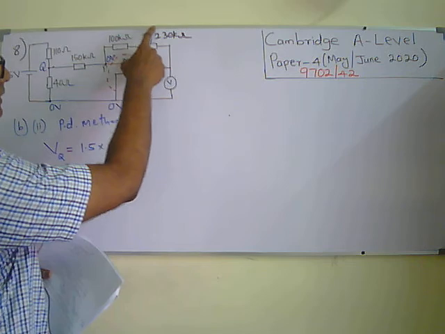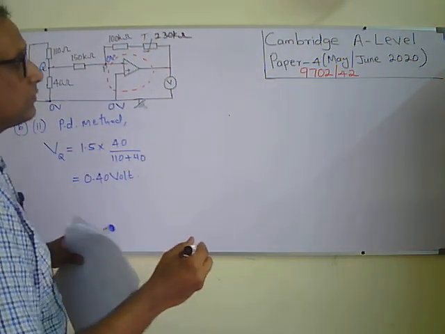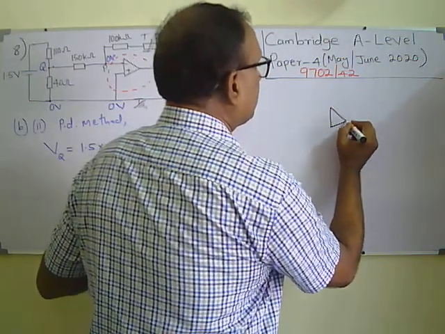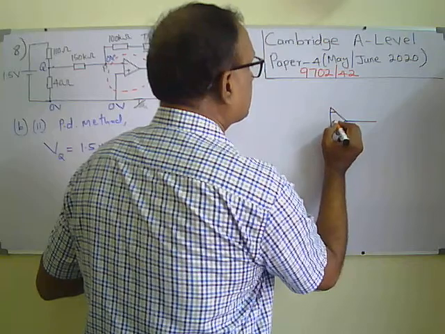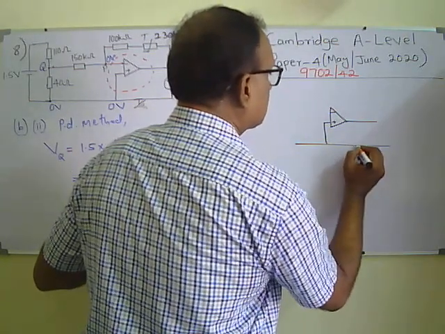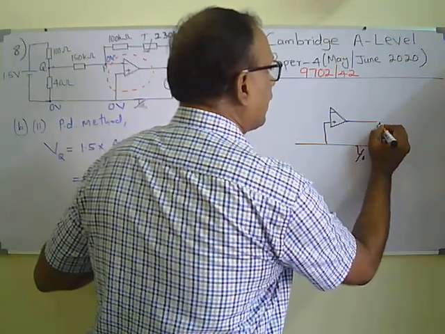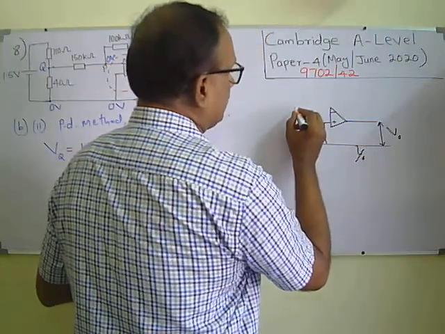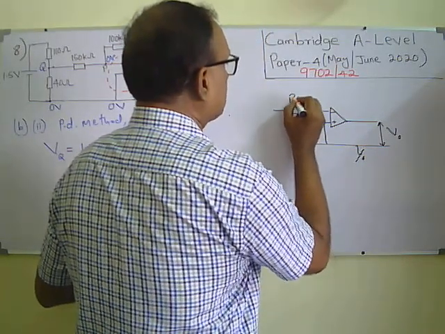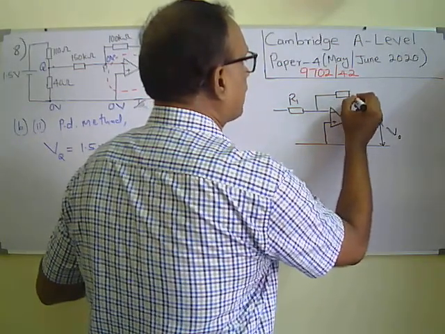So here, this is the negative feedback resistance, right? I can compare this circuit with our normal negative feedback inverting input circuit. This is minus, this is plus, this is connected to earth. We take the output across this V out, and the input signal is across this resistance R1. This is the feedback resistor R2.